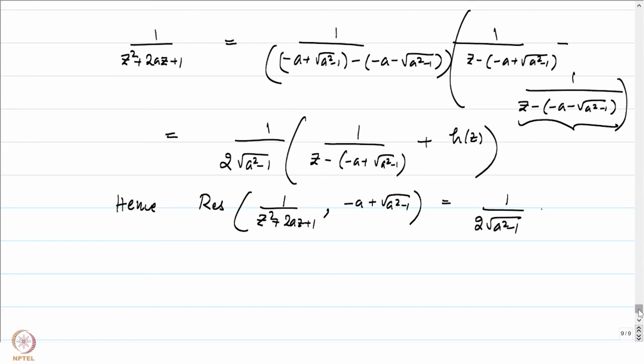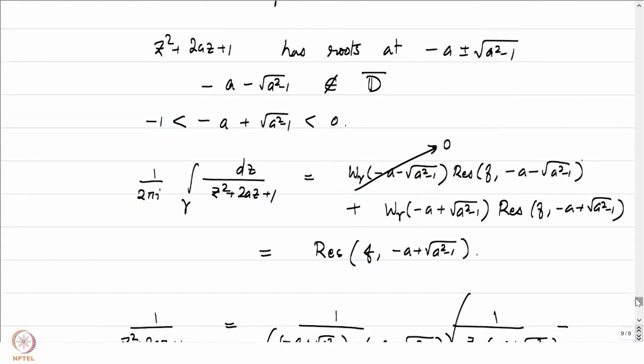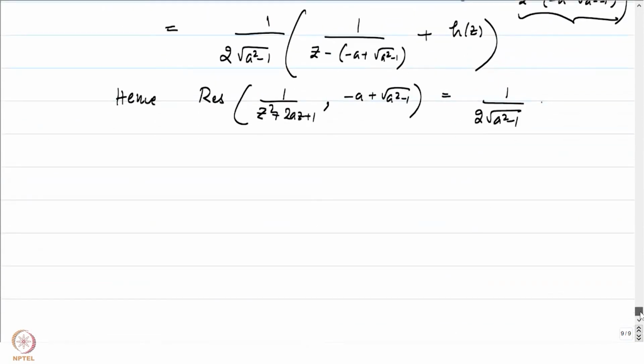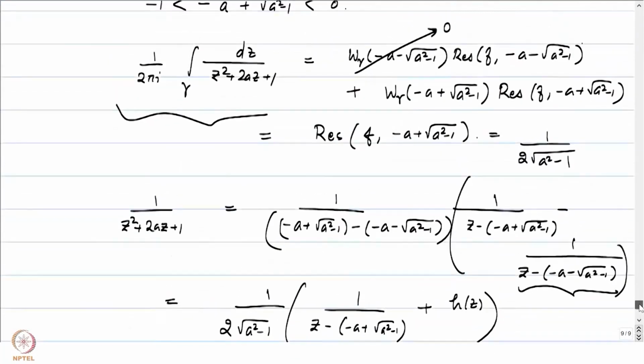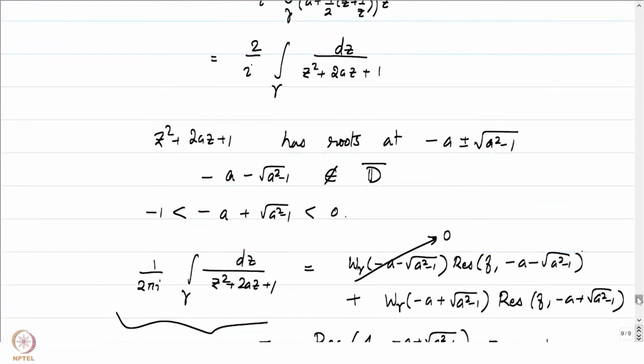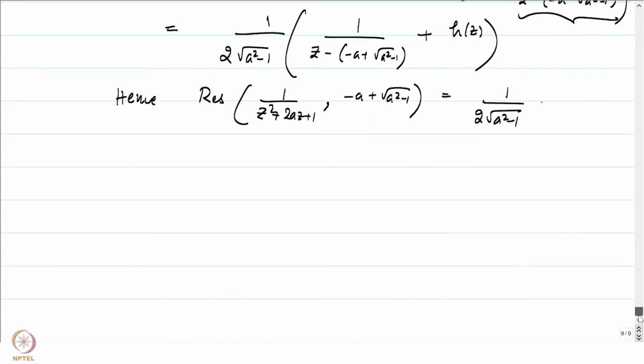So we now know that if you look at this integral, that is equal to 1 by 2 times square root of a square minus 1. Right? That's precisely what we have computed. But then what did we want to compute? We wanted to compute 2 by i times this. So hence 2 by i times the integral over gamma dz by z square plus 2az plus 1 is equal to, well, we'll multiply by 2 pi i and divide it.